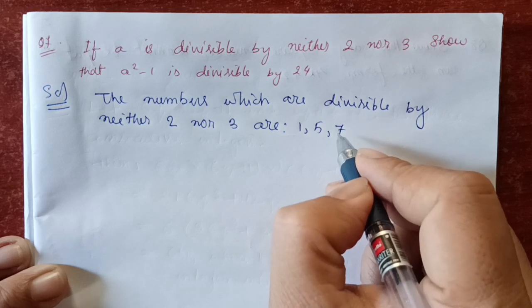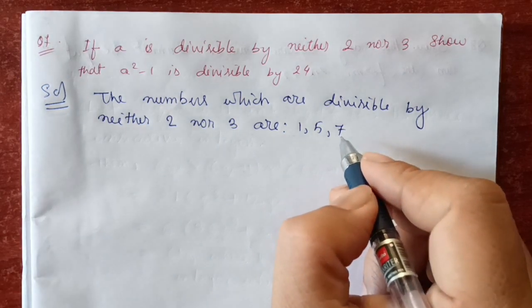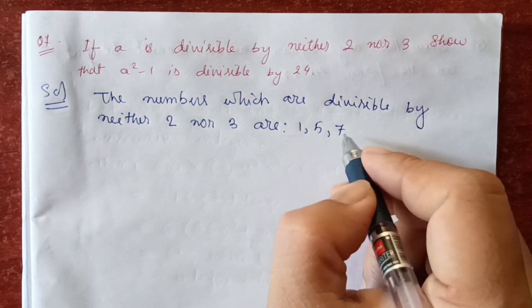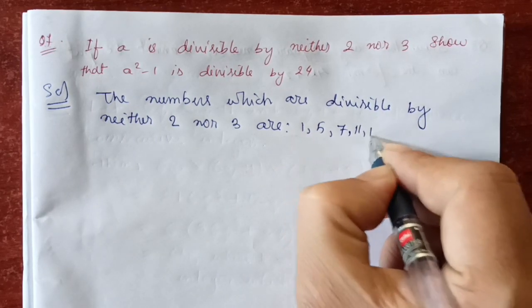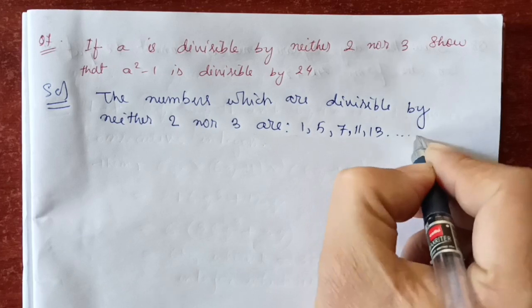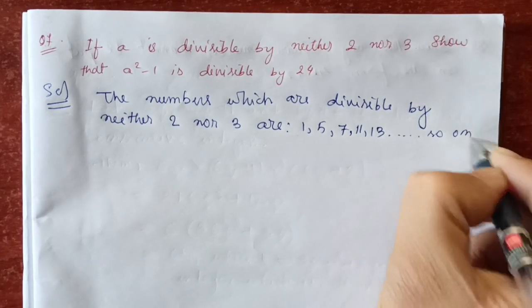This 7 we cannot divide by 2 or by 3. Okay, let us take more. 11, 13, then so on.